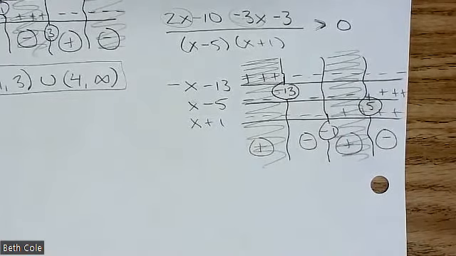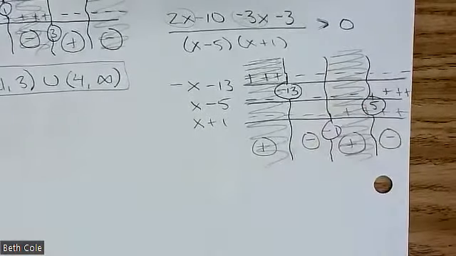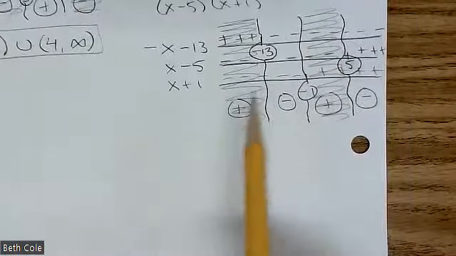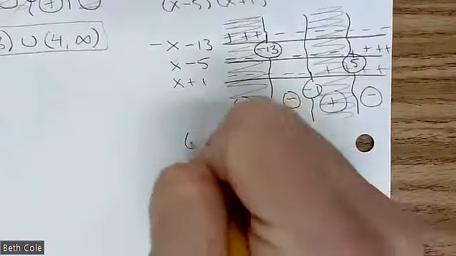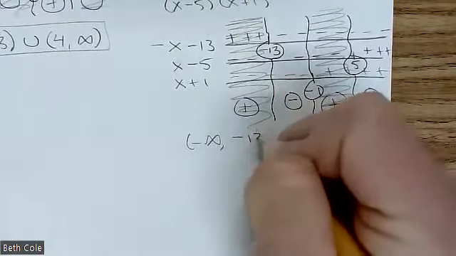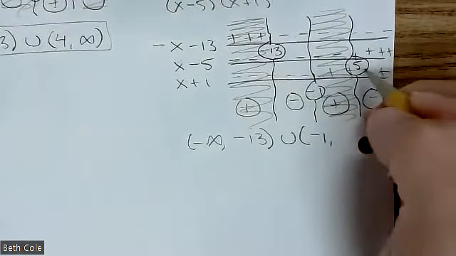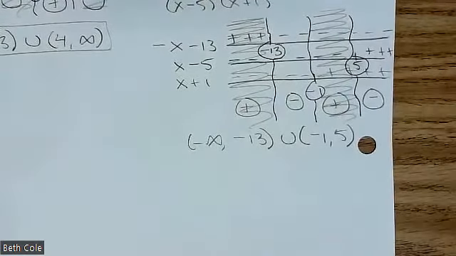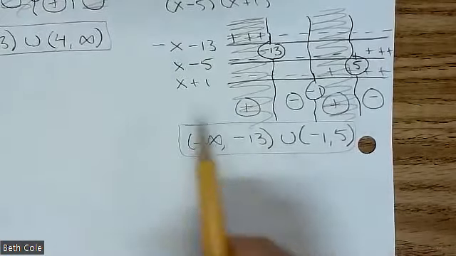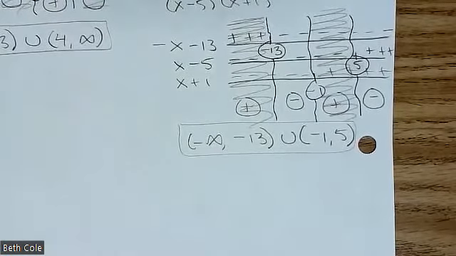And we don't need to worry about the troublemakers. Why not? Yeah, we don't have the equal to anyway, so it's all going to be parentheses. So this first section would be -infinity to -13 union -1 to 5.